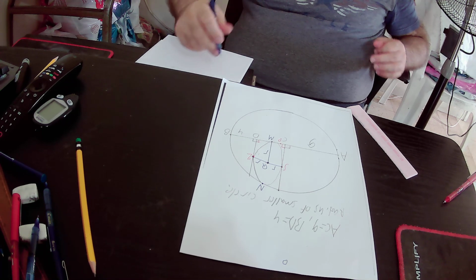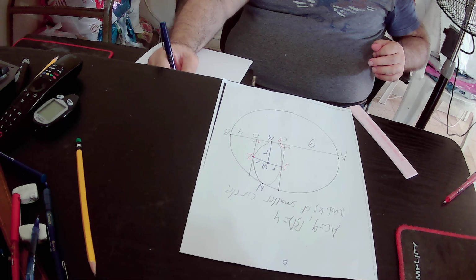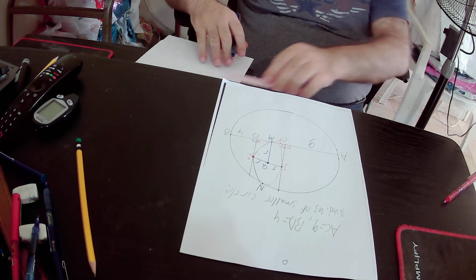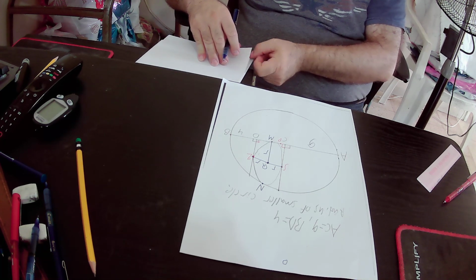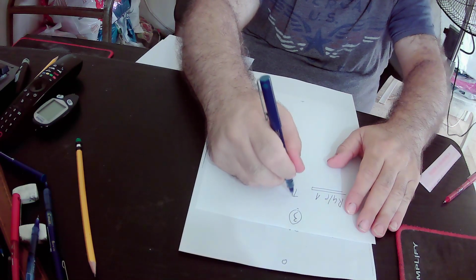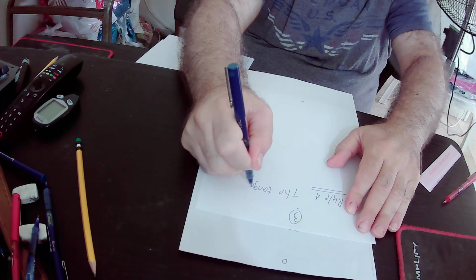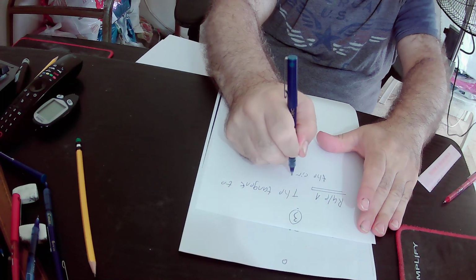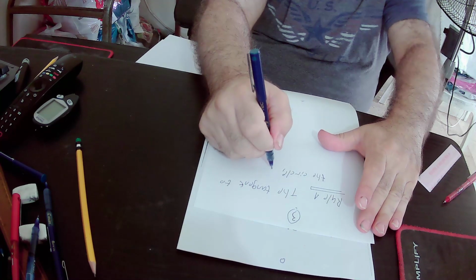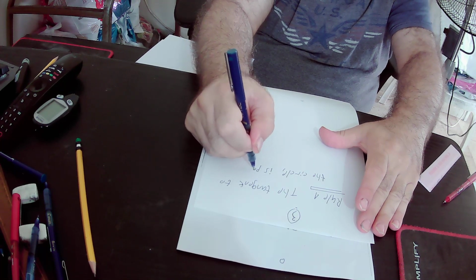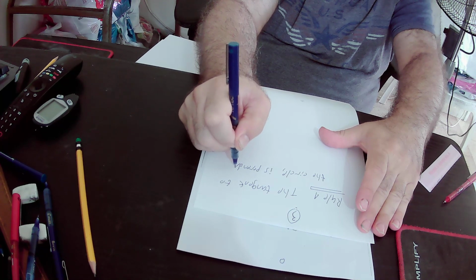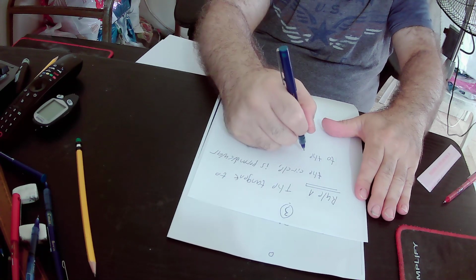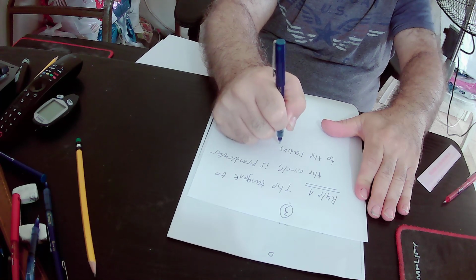Okay, and we have a rule, I will call it rule number 1. Rule number 1 states that the tangent to the circle is perpendicular to the radius at the launch point.